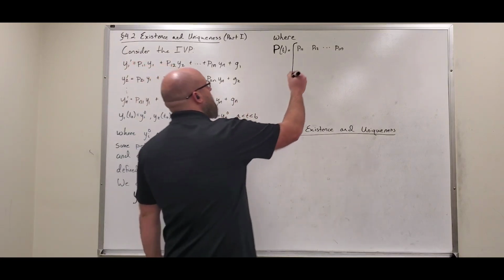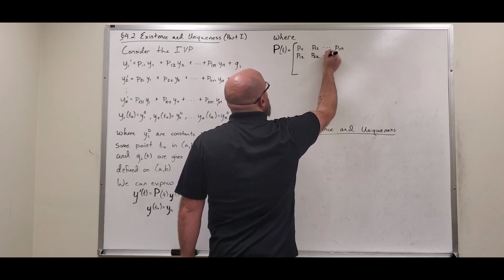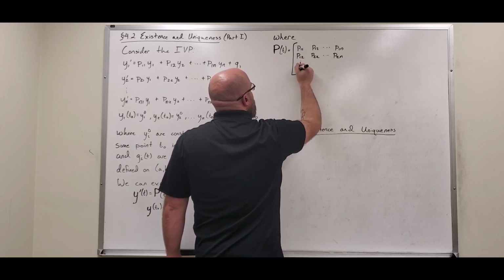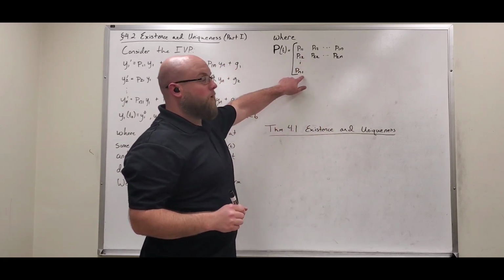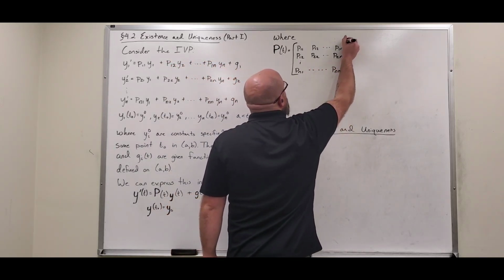All right, to continue our pattern, P21, this is P22, and so forth. So P2 sub n. And then we're going to continue this down to the nth row. So we're going to get P sub n1. And this is going to go out to P sub nn.